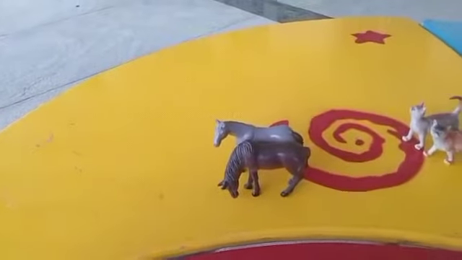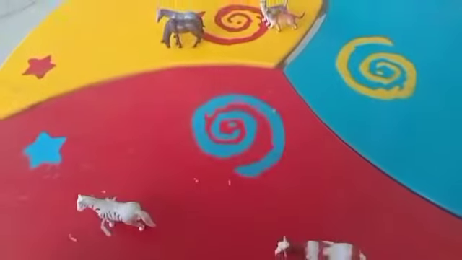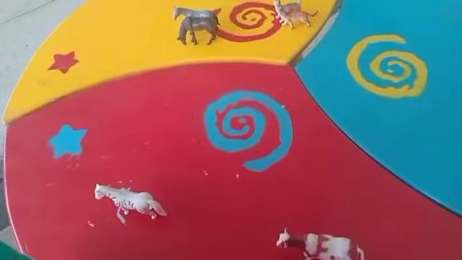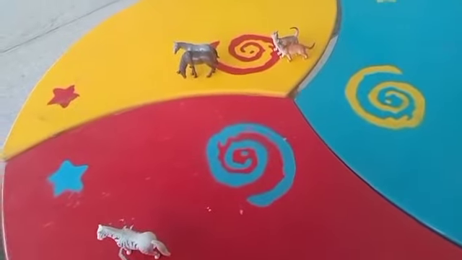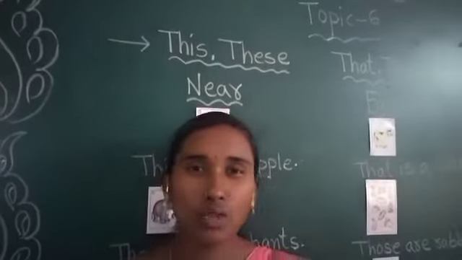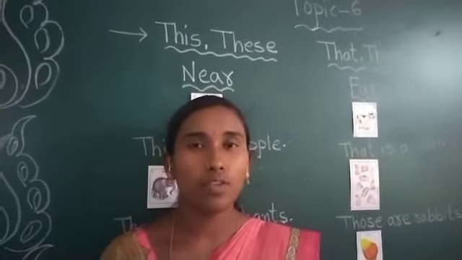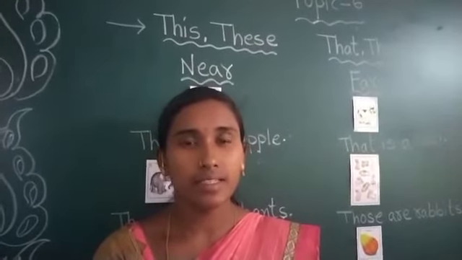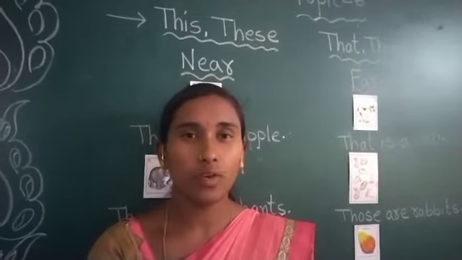That's why you are using "those." Very good. Here, Rahman also got 2 points and Rahat also got 2 points. In this game, both are the winners. Okay. Children, understood the game? In the same way, you should also play a game with your parents and cousins or brothers and send the video in the Telegram group.